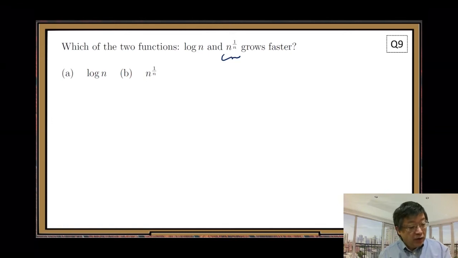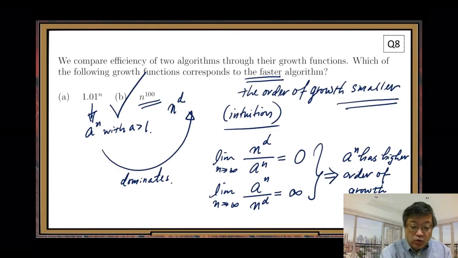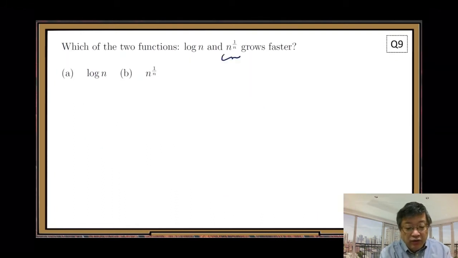Yeah, so if we compare with the previous one, the faster algorithm, its corresponding growth function should grow slower, not faster, right? But here we want to get one function that grows faster. So we really need to pick the right case. All right, so here we are familiar with log of n, right?